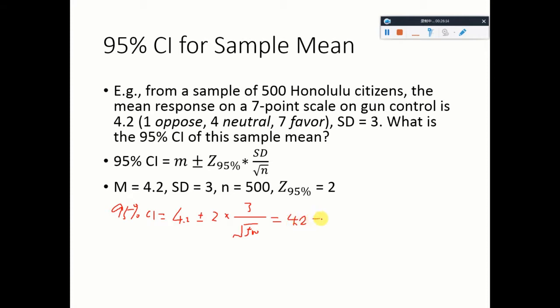So we have 4.2 plus or minus 2 times 3, that's 6, divided by the square root of 500. Now you can use your calculators to do the calculation.